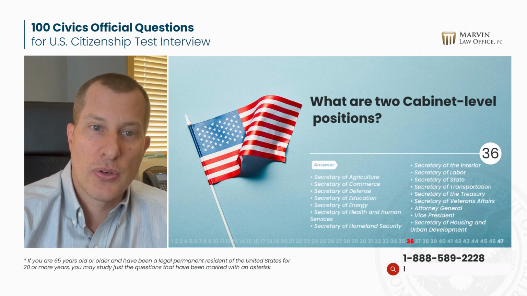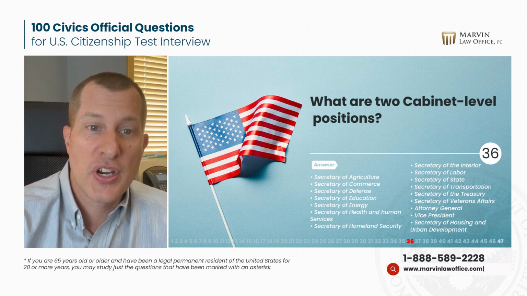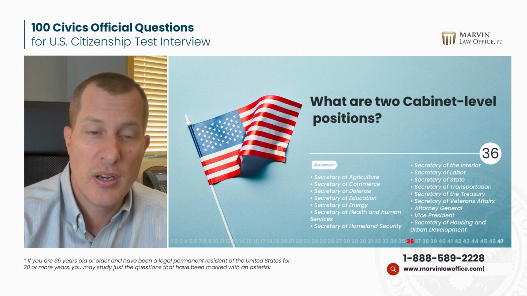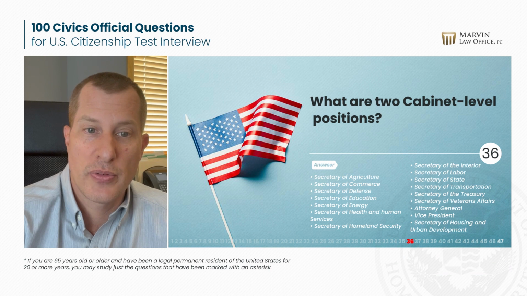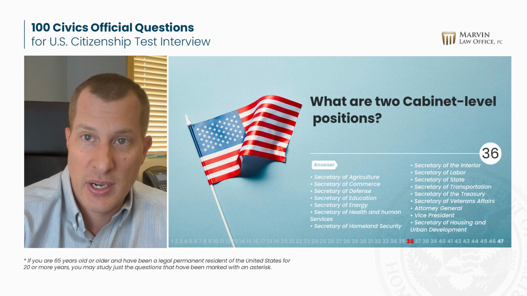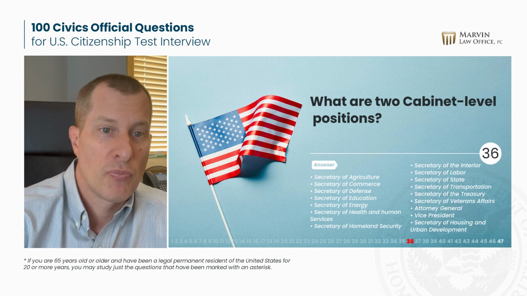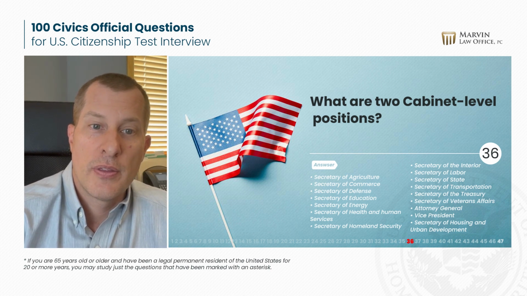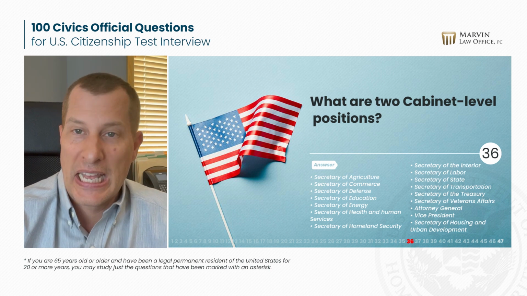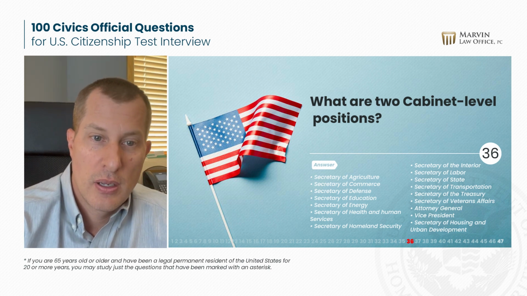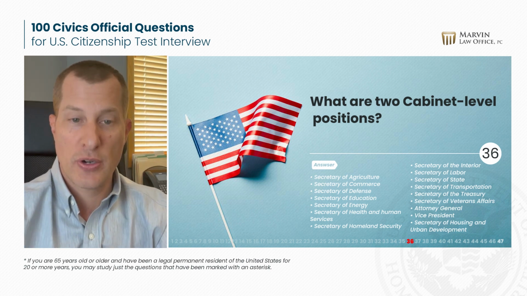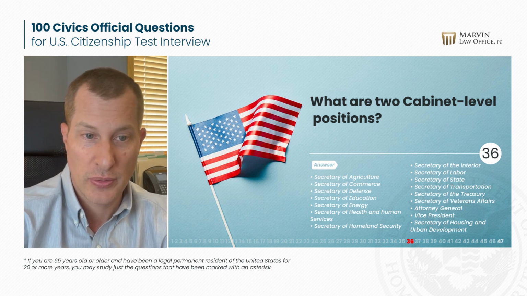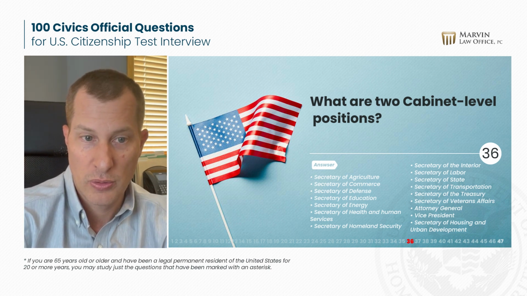Secretary of Agriculture, Commerce, Defense, Education, Energy, Health and Human Services, Homeland Security, Immigration, Housing and Urban Development, the Interior, Labor, State, Transportation, Treasury, Veterans Affairs, Attorney General, and the Vice President.